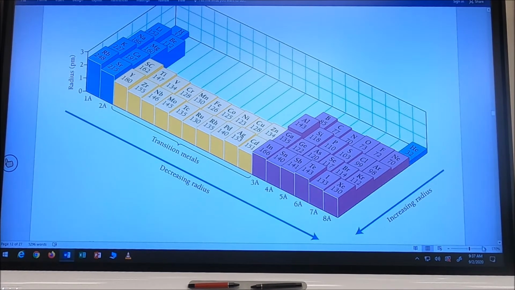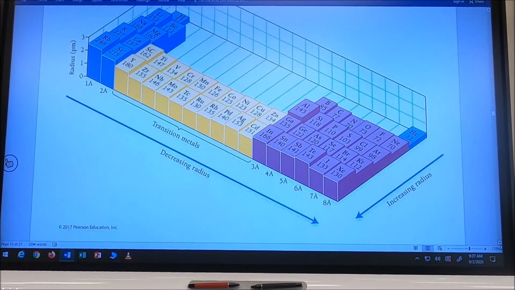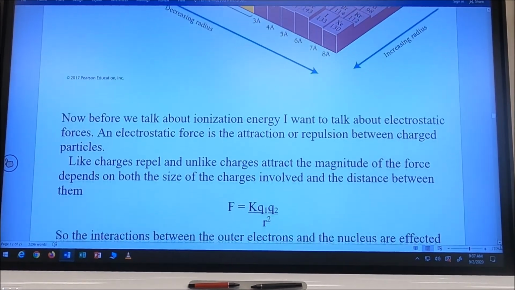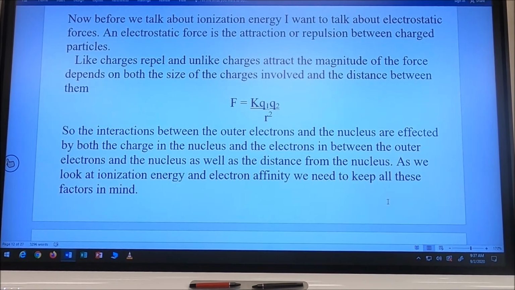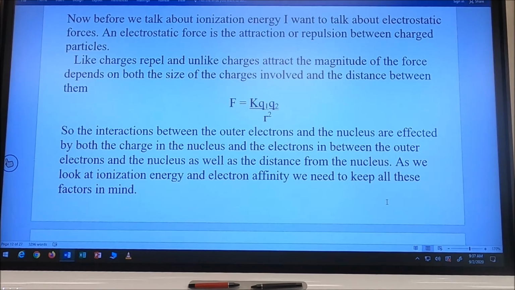Now the next thing we're going to talk about is ionization energy. Ionization energy is related to the electrostatic forces that hold the particles together. So ionization energy is going to depend on electrostatic forces.